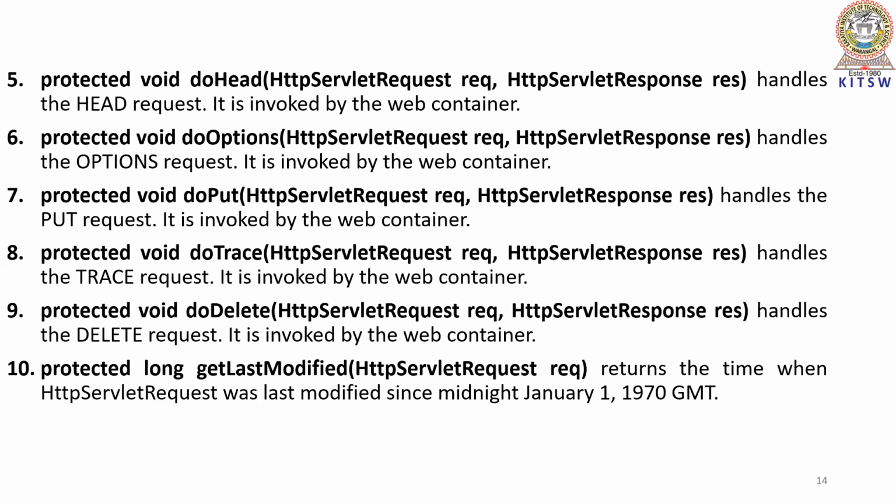Next, getLastModified. Using this method, we know when the HttpServletRequest was modified, since January 1st, 1970. So these are the various methods that are available in this class.